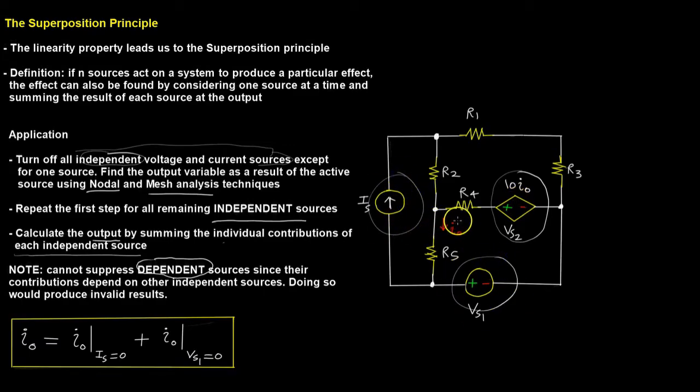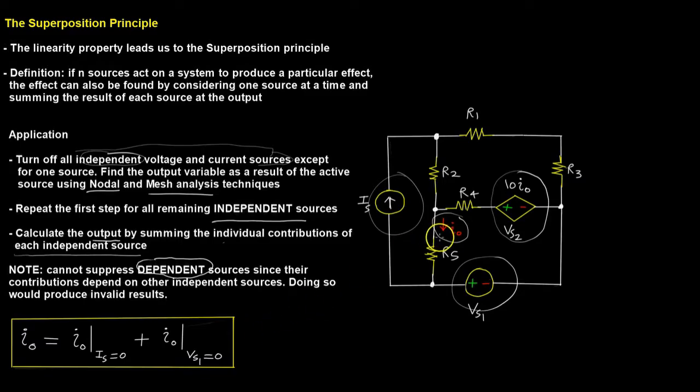With the output variable being the current in this particular branch, the way I like to express the superposition principle is that the output current is the output current when the current source is off plus the output current when the voltage source is off. Let's talk about how we actually turn these off.